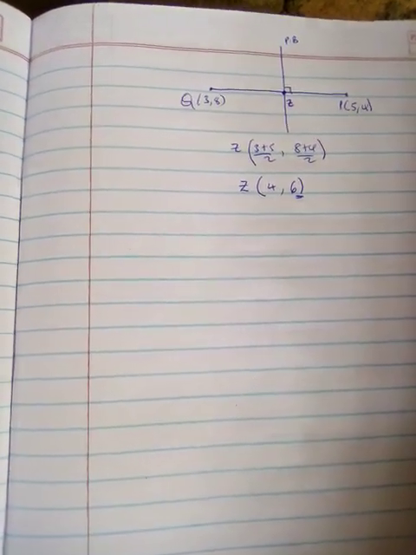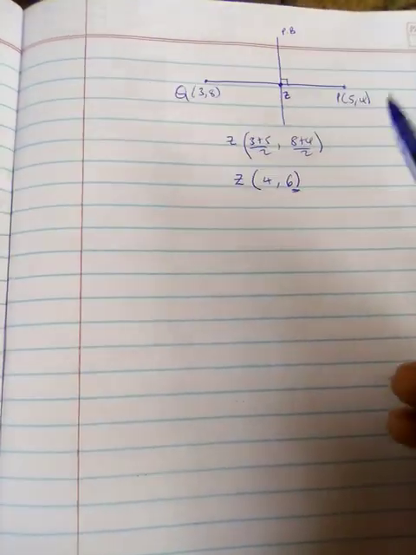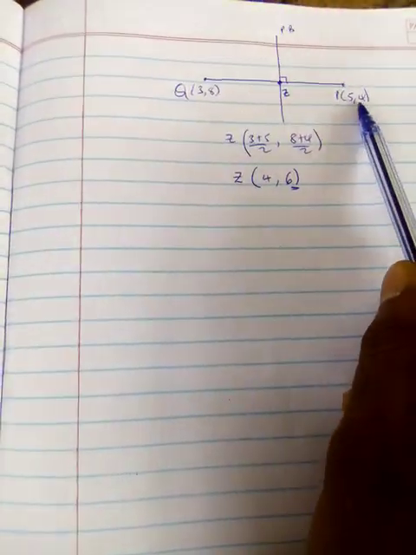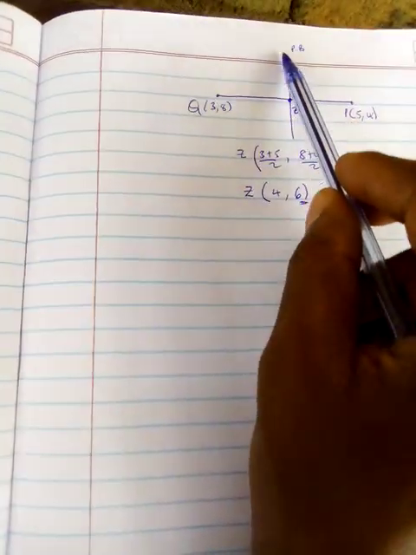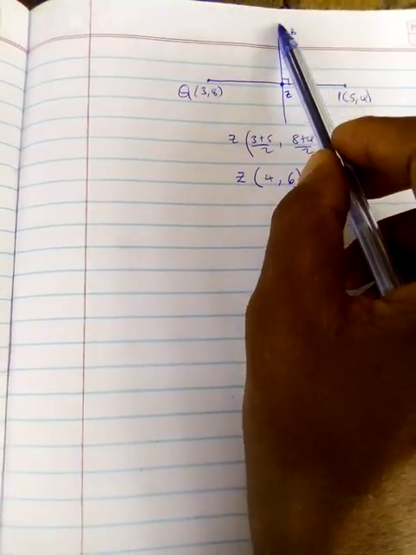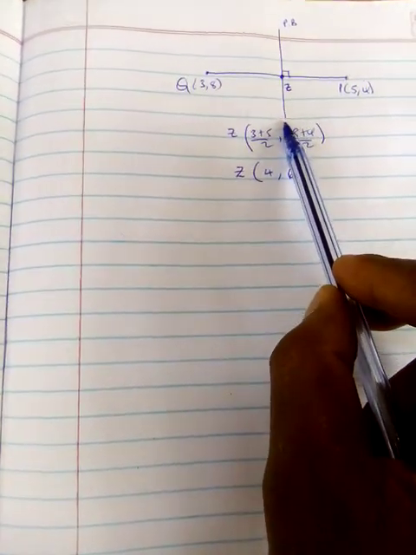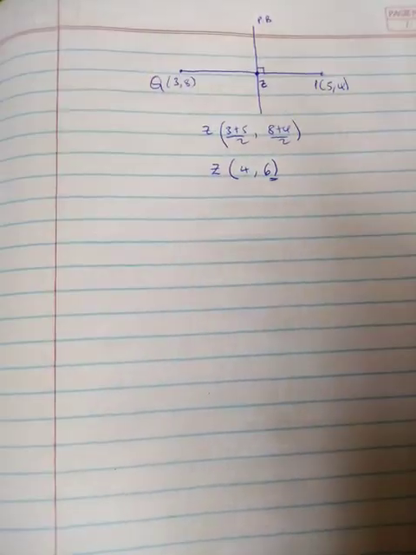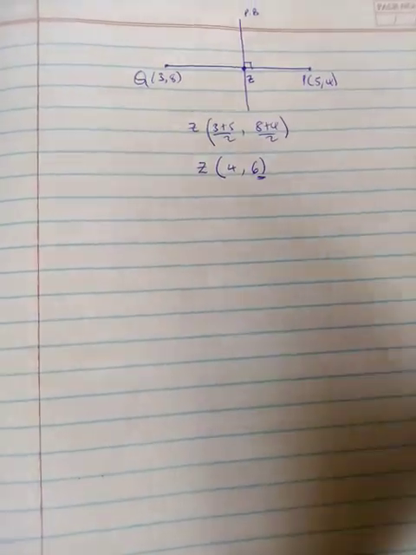I've gotten one point on the perpendicular bisector, meaning now I need the gradient of this line. Because they are perpendicular, I compare it with m1 times m2 equal to -1 to get the gradient of the perpendicular bisector. Then I can get the equation of the perpendicular bisector.